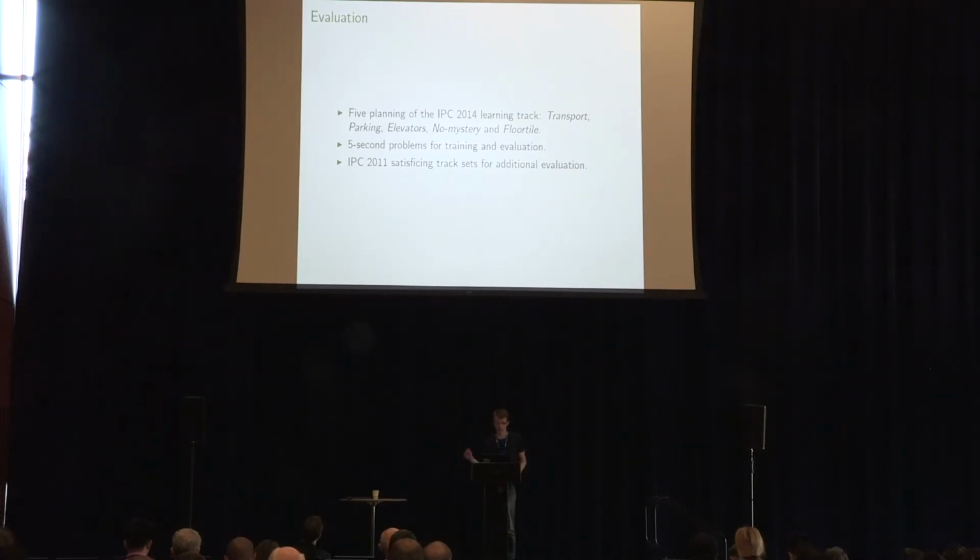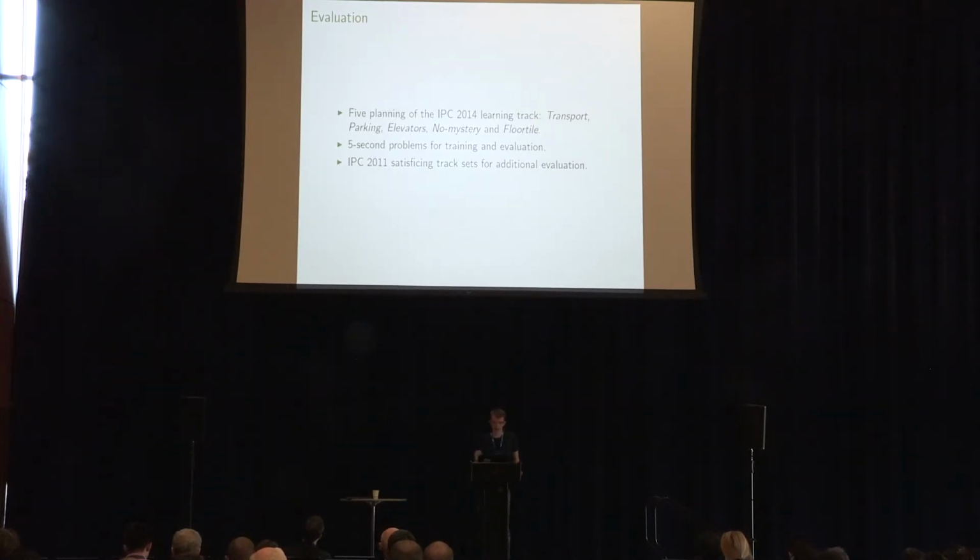And for evaluation of the resulting systems, we use 5 planning domains of the IPC 2014 learning track. So these were transport, parking, elevators, no mystery, and floor tile. The only one we excluded is spanner, which was sort of designed not to work very well with the delete relaxation heuristics. And we are using the fast forward heuristic through all the evaluation.